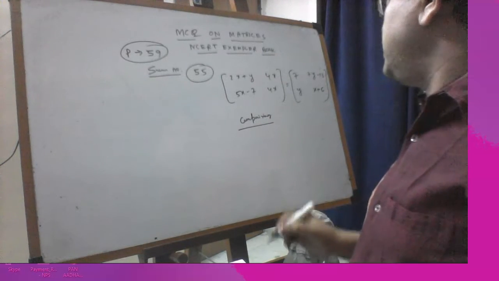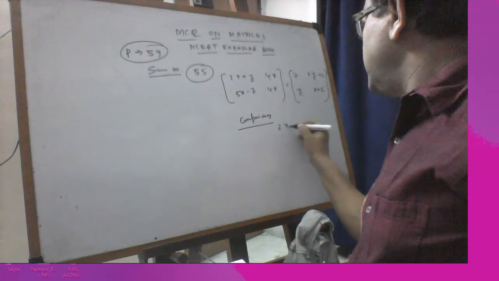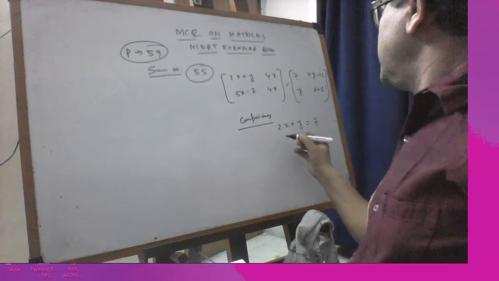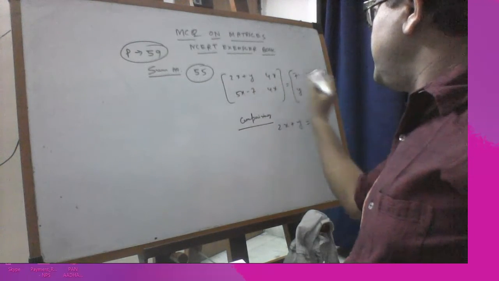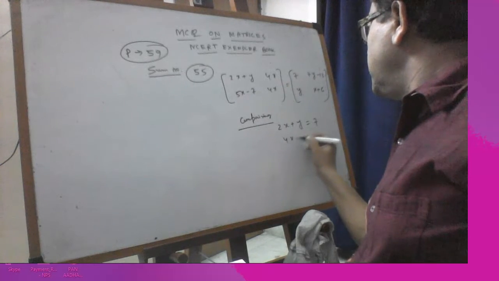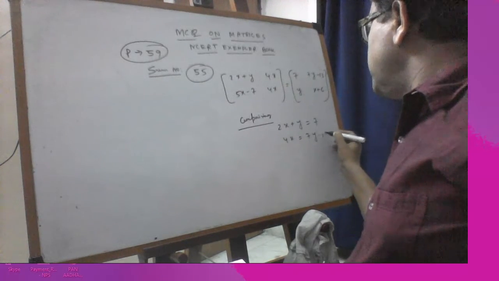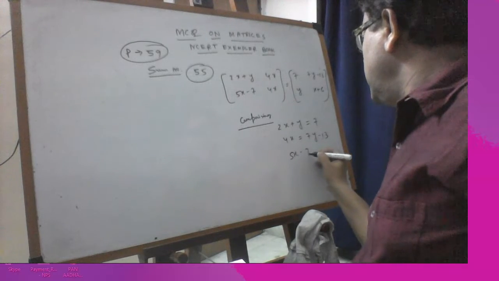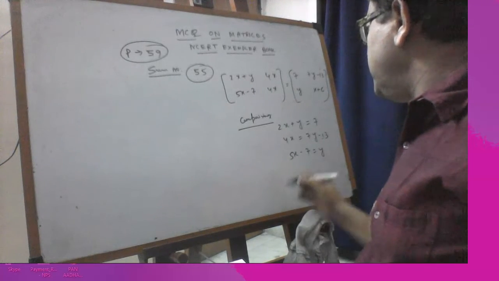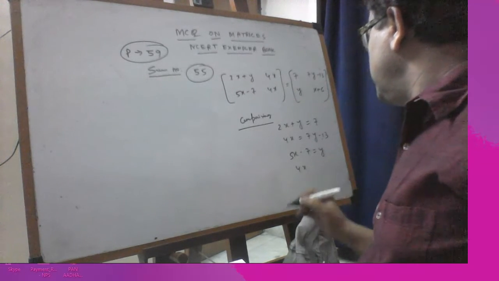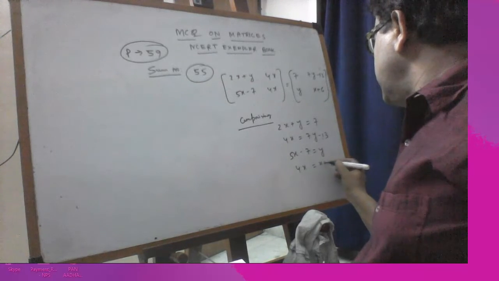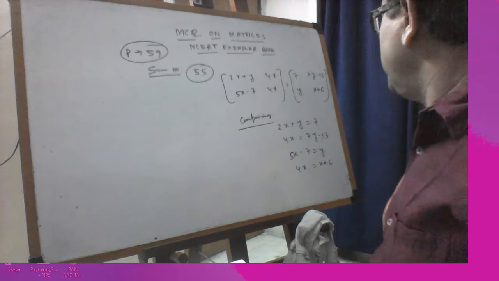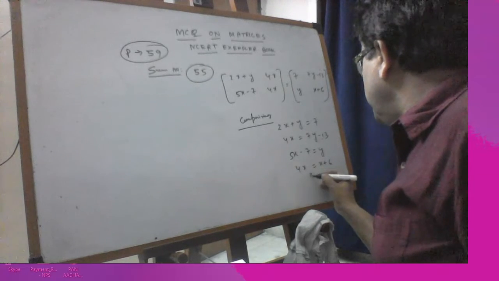on comparison it gives us 2x plus y equal to 7, because this element equals this element, 4x equal to 7y minus 13, 5x minus 7 equal to y. Do you need all these? 4x equal to x plus 6. So 2 unknowns only and 4 equations, more than enough. We need to solve this equation first.